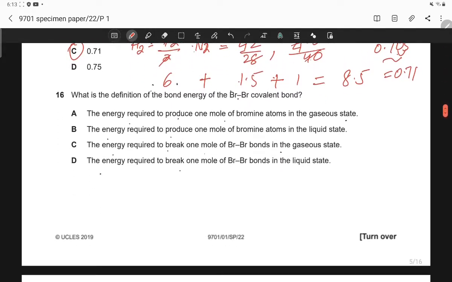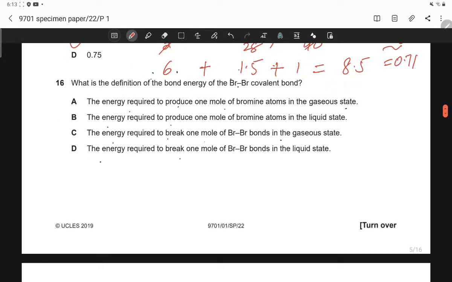Is that clear? What is the definition of bond energy of the Br covalent bonds? The energy required to produce 1 mole of bromine atoms in the gaseous state. The energy required to produce 1 mole of bromine atoms in the liquid state.